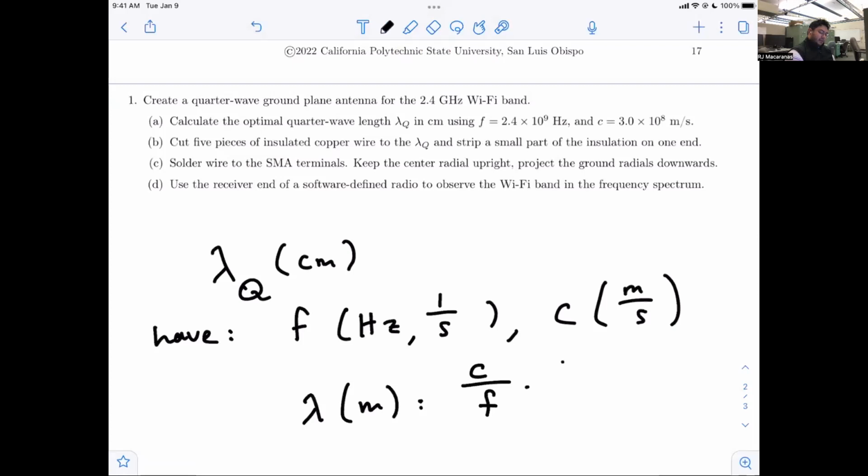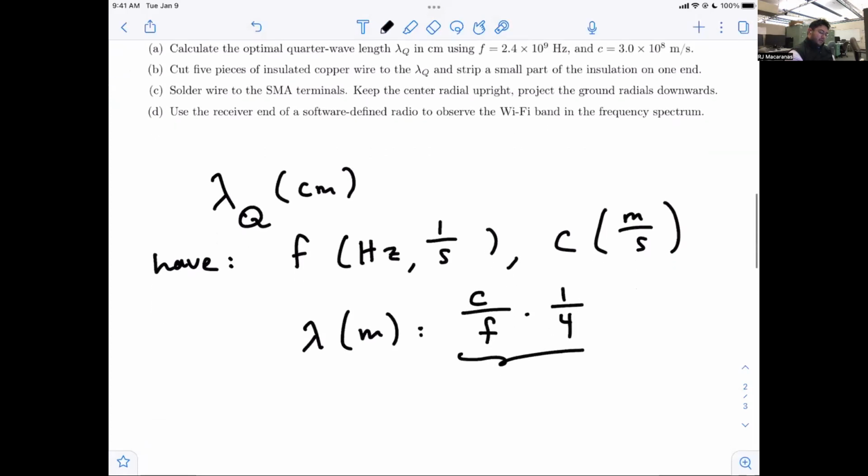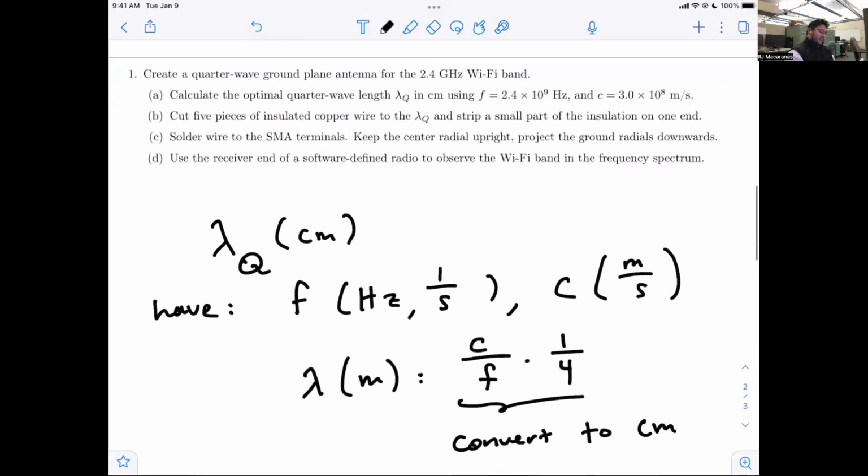And then you want to multiply by 1/4, you get this quarter wavelength. And then since we're in meters, we need to convert this to centimeters. And that's how you get the optimal quarter wavelength using the information that's provided up there.